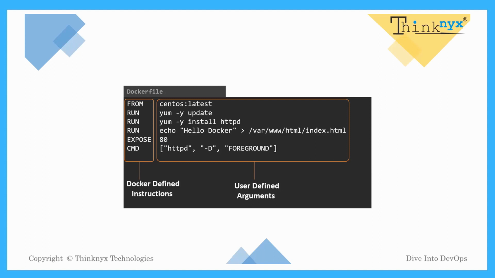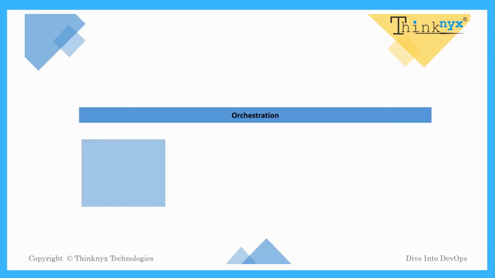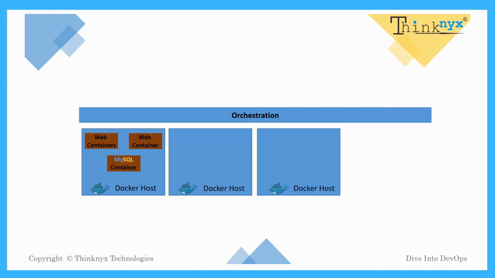So now we are going to understand orchestration. This is actually going to be a deep dive. Now we learned about containers and we have our applications packaged into a Docker container. But what next? How do you run it in production? What if your application relies on other containers such as databases, messaging services, or backend services? What if the number of users increases and you need to scale your application?